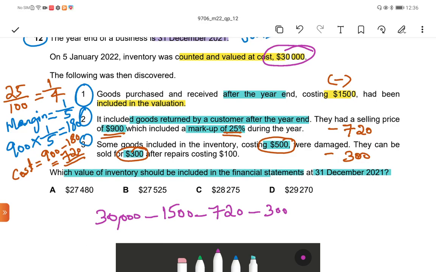The correct answer is 27,480. Option A is the correct answer.